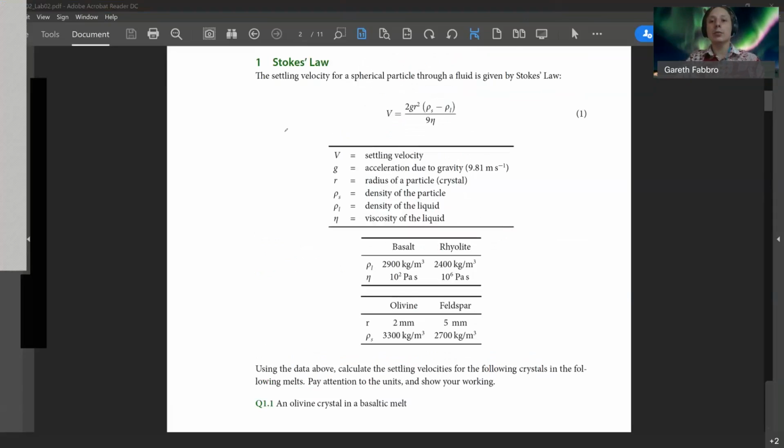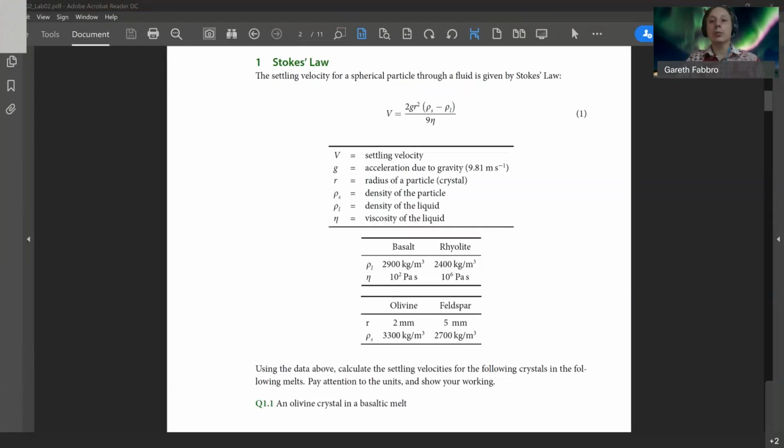so what we're calculating is the settling velocity of an olivine crystal. Let's use some different colors. Olivine crystal. Let's say you want to check olivine, so you want these values for this one, and you want it in a basaltic melt.